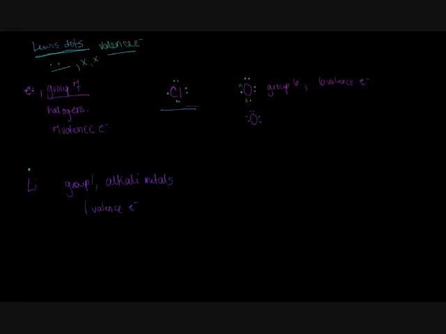So the first example that I'm going to do is chlorine. Chlorine is in group 7. Group 7 is also known as the halogens, which means it has 7 valence electrons, right? Group 7, 7 valence electrons. So this is how you would make the Lewis structure. You would start off with chlorine, and then one by one, you would start filling in dots.